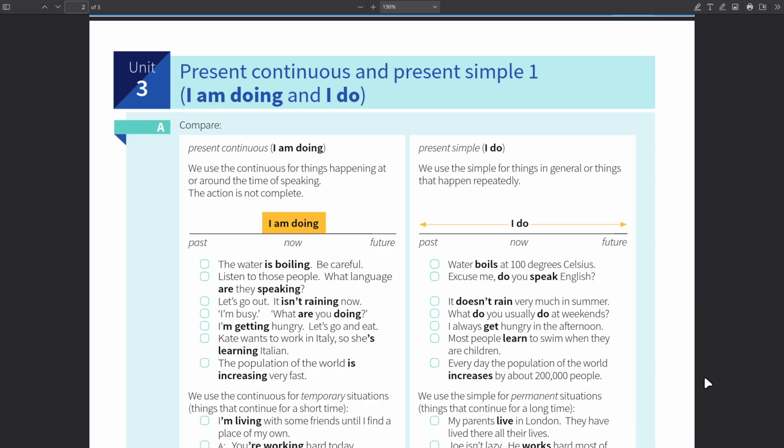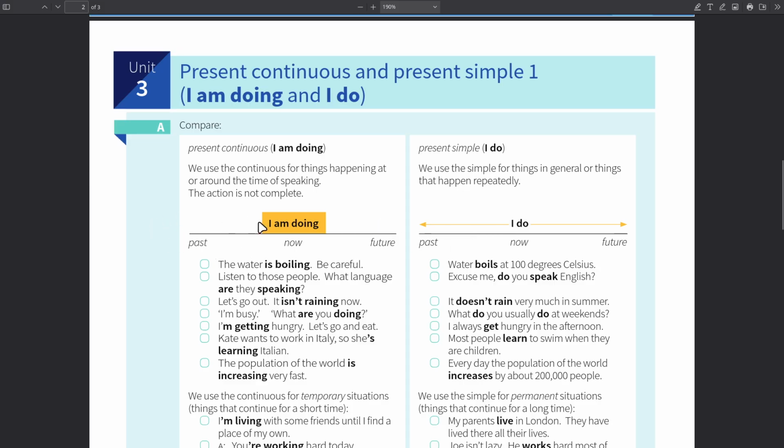Okay. First of all, let's make a comparison of both. First of all, present continuous. An example would be I'm doing, right? We use the present continuous for things happening at or around the time of speaking, and also when the action is not complete. For example, look at this picture.